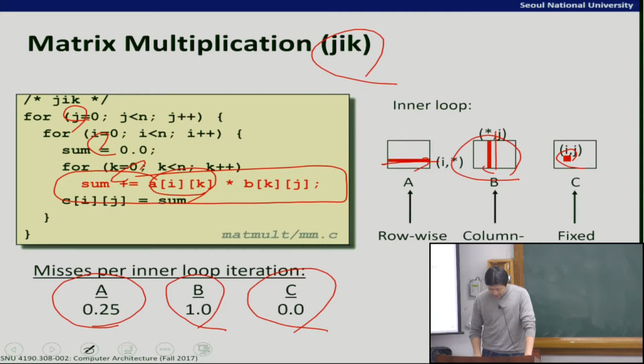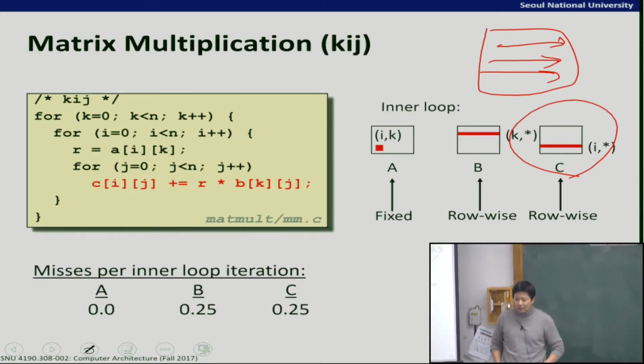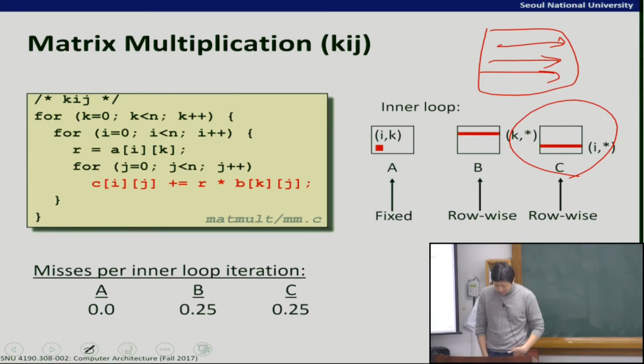The next trial will be KIJ. What if we move K to the outermost loop? So the access pattern will look like this. For a fixed value of A at ik, you multiply this element with this row, and add the value to this row.